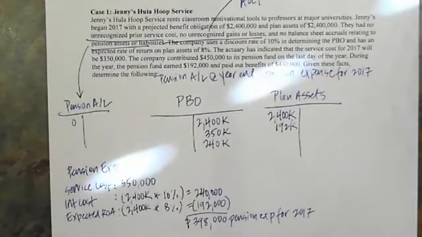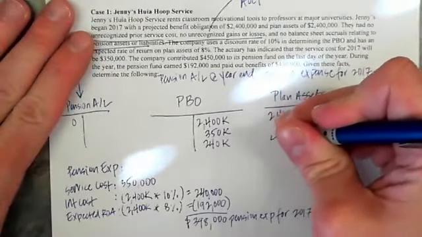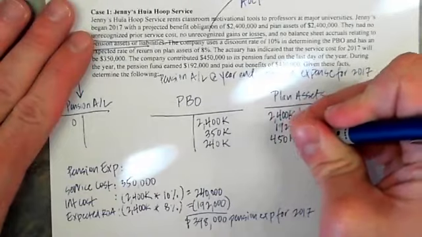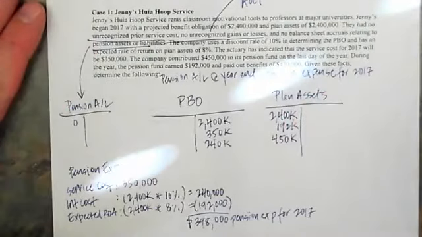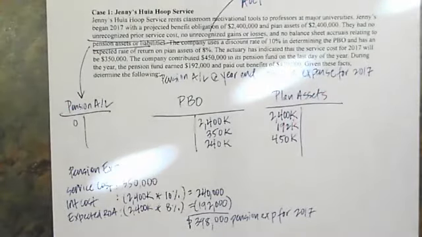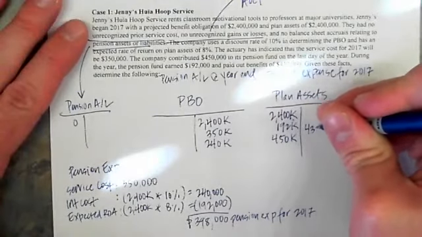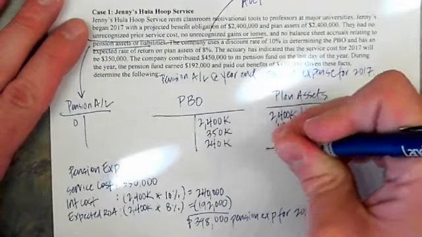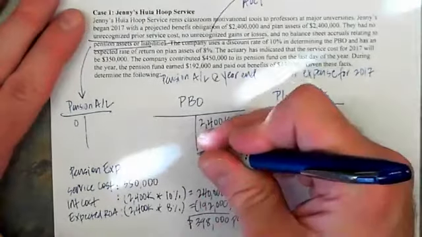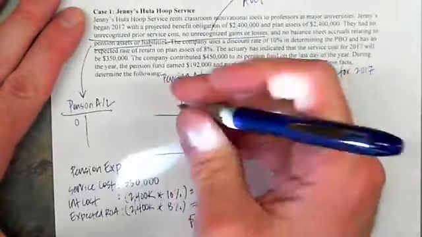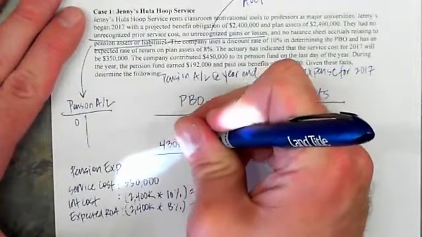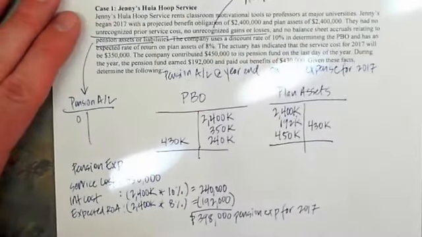Now, the company contributed $450,000 to the pension fund. Any contribution increases my plan assets, and we paid out benefits of $430,000. Well, I'm paying them out of that fund, so that gets them out of that fund, but then it also discharges part of my obligation to my employees.